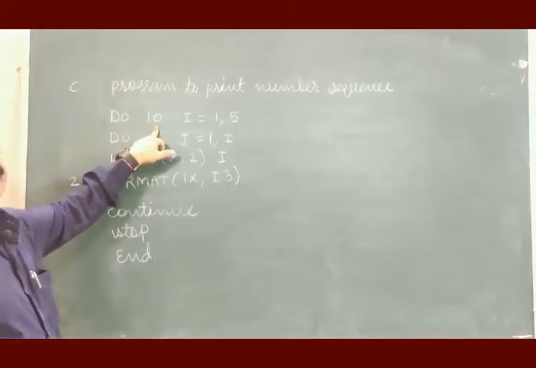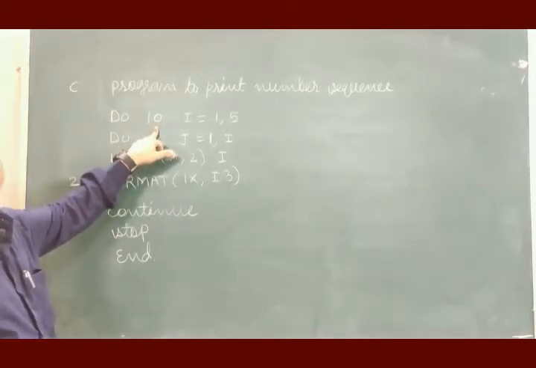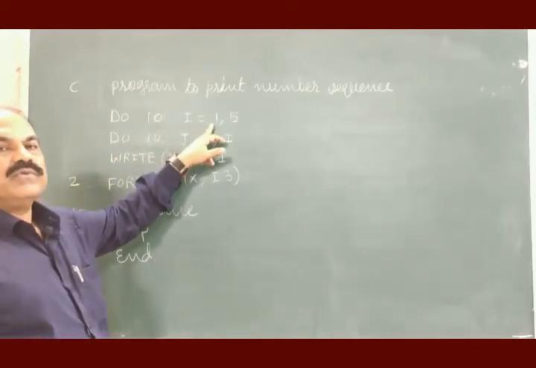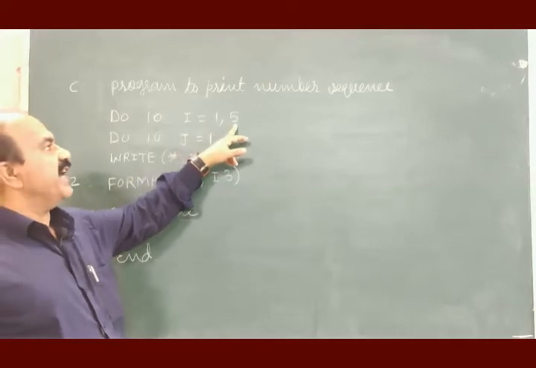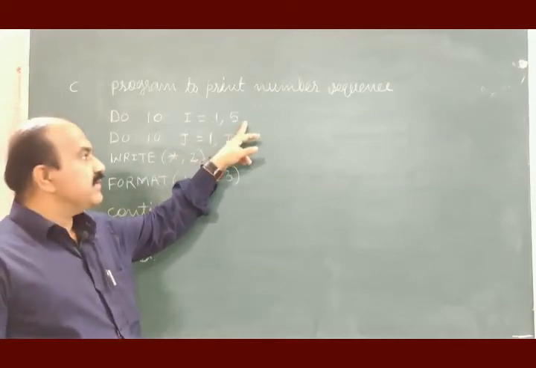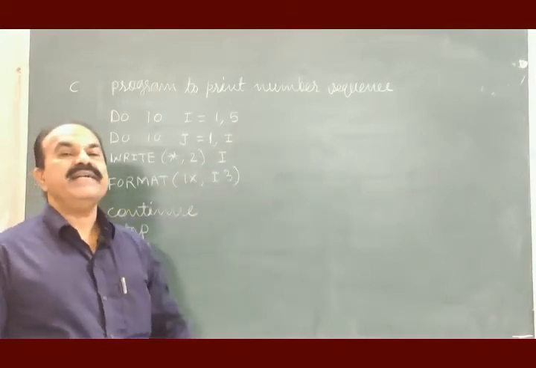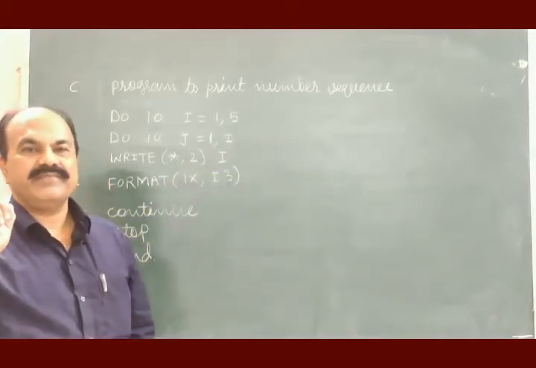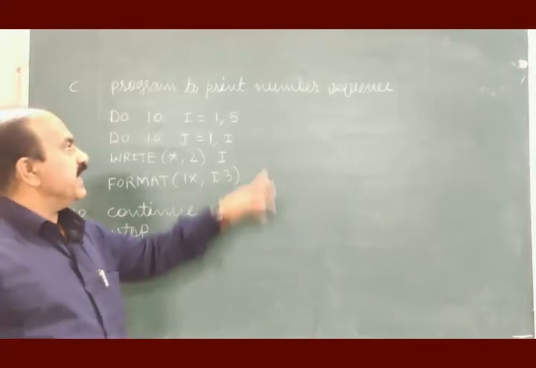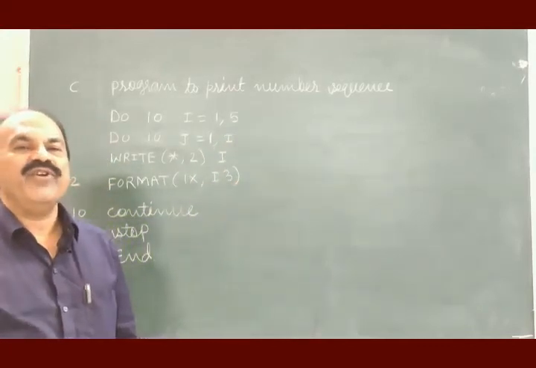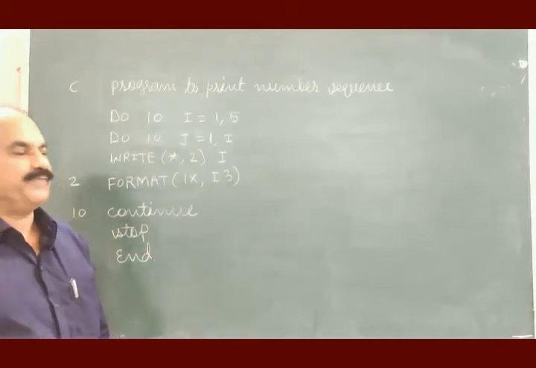Do 10, where 10 is the line number of the last statement of the do loop. I is equal to initial value 1, final value 5, increment omitted. By default, if increment V3 is omitted, it is equal to 1.